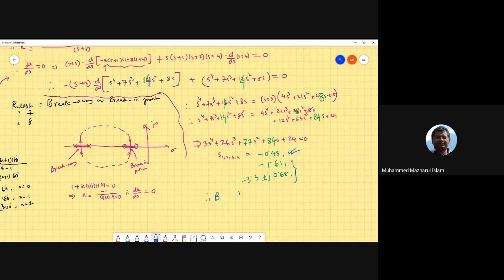So you have to say that the breakaway point is between 0 and -1. Therefore, we can use sigma because it's a real value. Sigma equals -0.43. So instead of s, I'm using sigma. Okay, is the breakaway point.